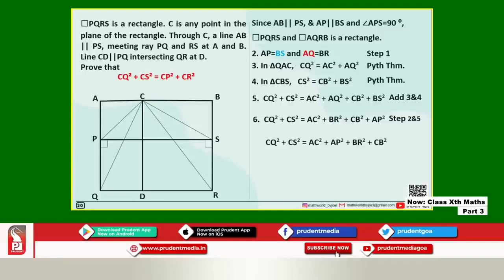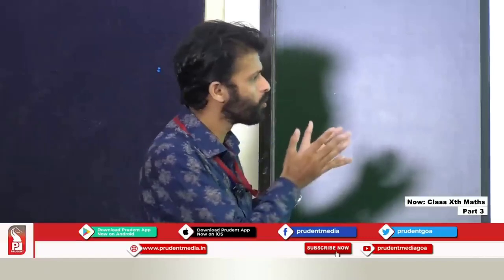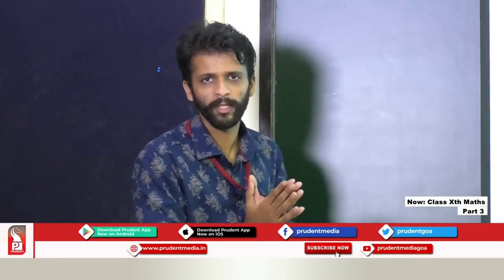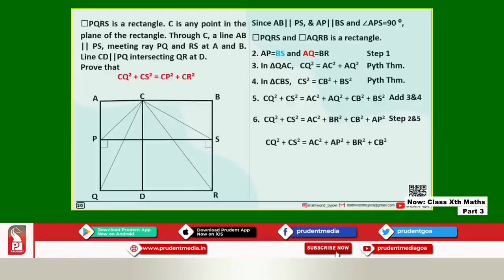Whereas if you would look at AC square and BR square, they are different parts of different triangles, right? So I'm just trying to get same things together. It's like, you know, birds of the same feather flock together. So trying to get the same terms together. And that's how I have written AC square plus AP square together. Same way, BR square plus CB square.